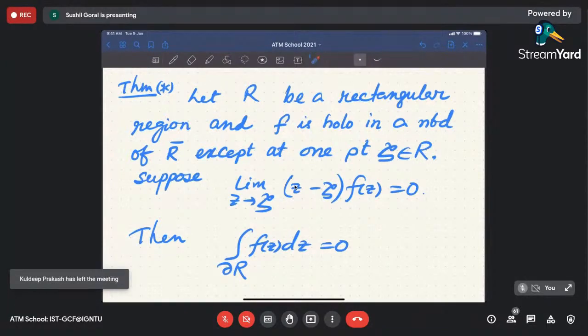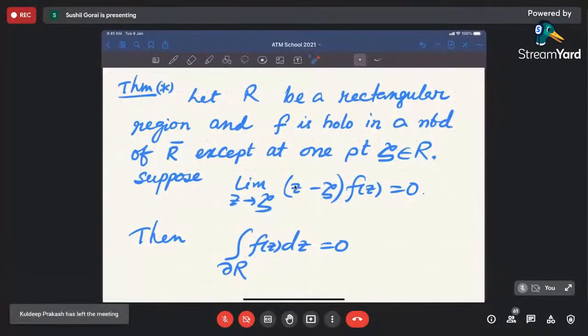Exactly. But actually, we are not talking about the removable singularity as you defined. If you take this limit, then you have to show something. So there exists a holomorphic function, that part is required. And this is how we would show this is holomorphic, by Morera's theorem. Yes, circular argument.